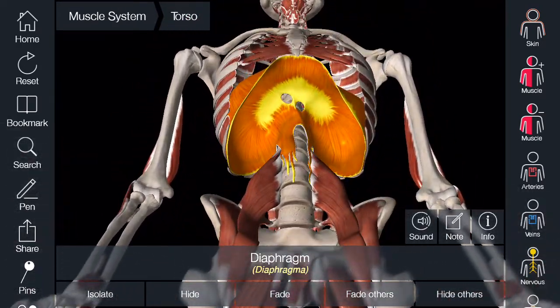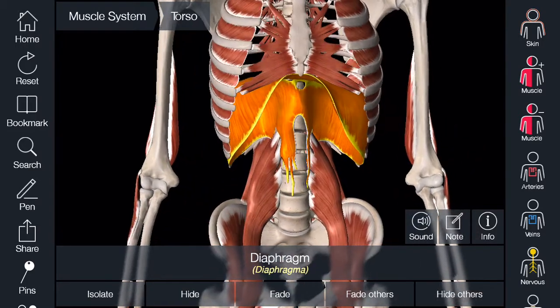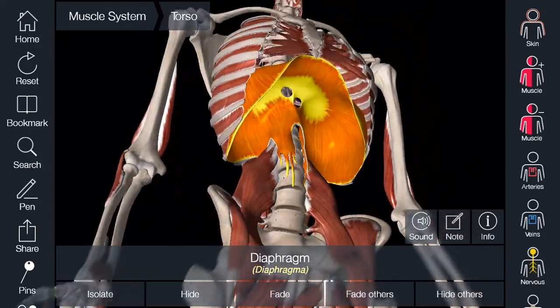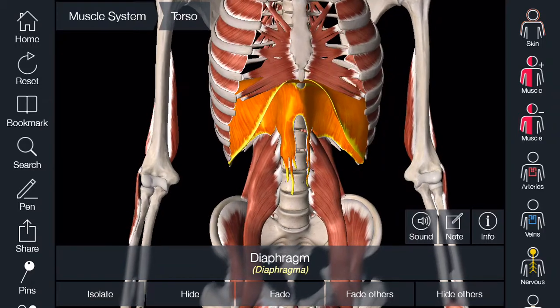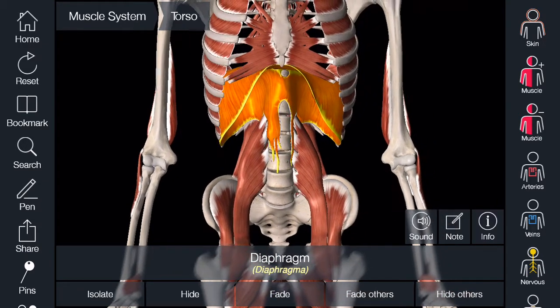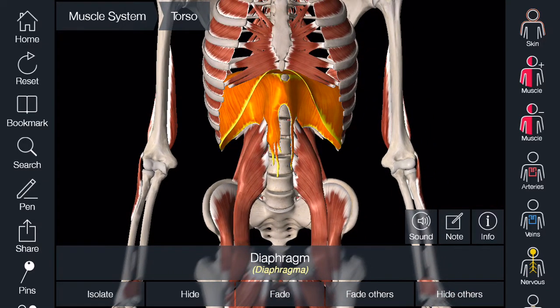As you can see, it's basically like a sheet that separates your superior thoracic cavity from your, I don't even know what to call this. I should know this. Abdominopelvic cavity. There we go. So yeah, action of the diaphragm is expansion of the thorax.